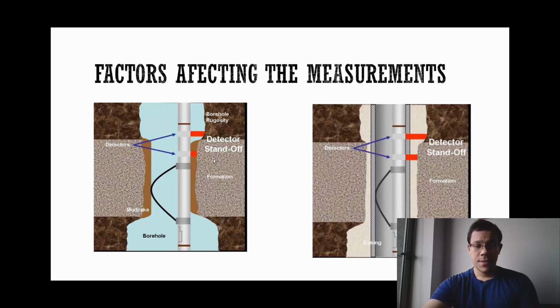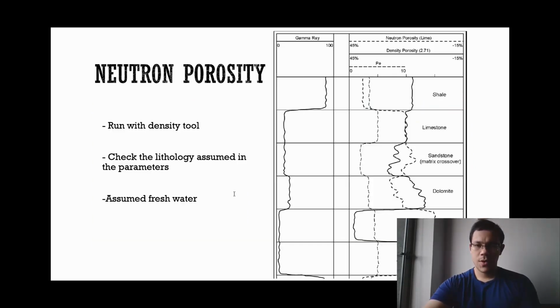The standoff is any physical distance between the detector and the formation. So what we want in this case is to make this space as small as possible, to have better readings.